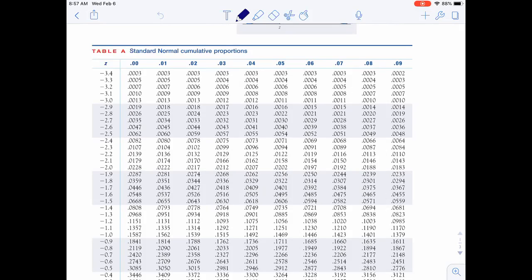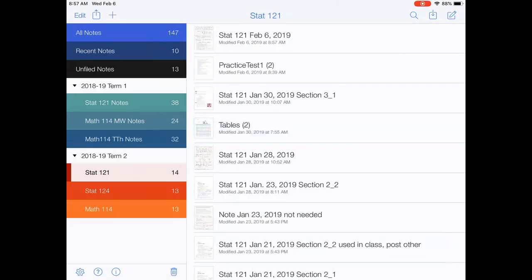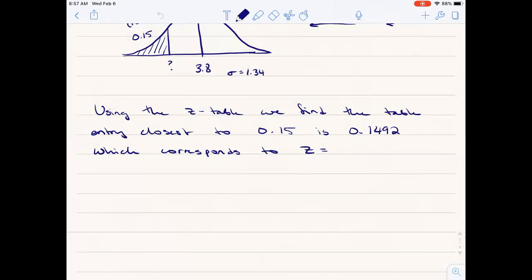Corresponds to a Z of negative 1.04. Negative 1.04.